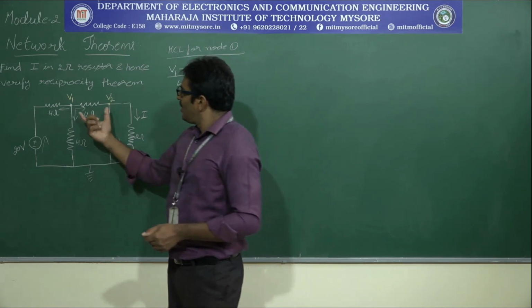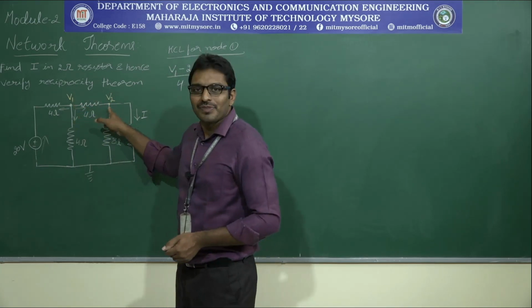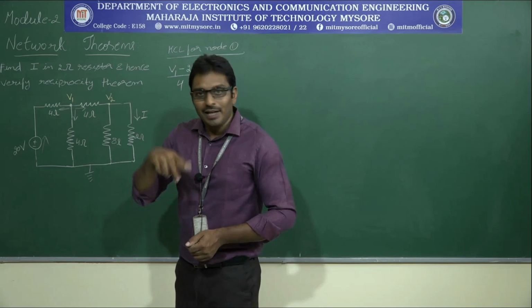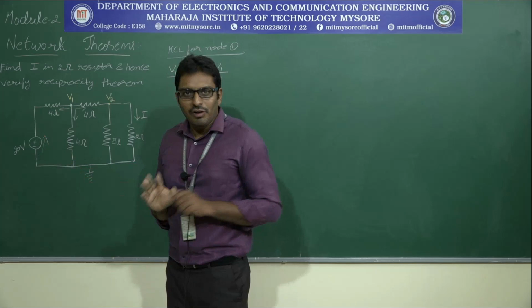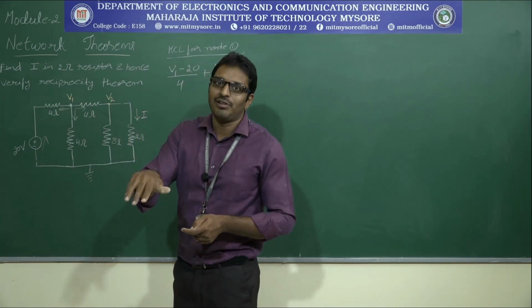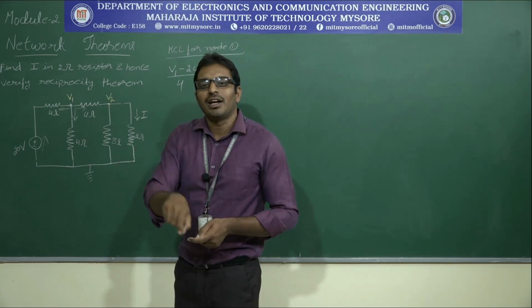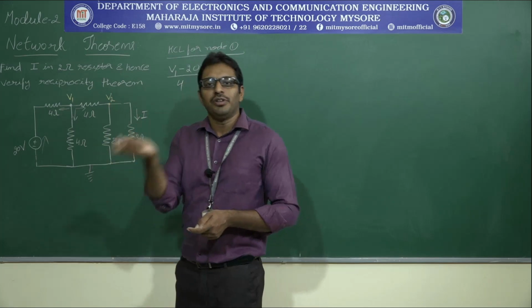Now, the third branch, a 4 ohm resistor connected between V1 and V2. The potential difference may be V1 minus V2 or V2 minus V1. We don't know right now what the values of V1 and V2 are. After finding V1 and V2, only then can we conclude whether the current is flowing from V1 to V2 or V2 to V1.